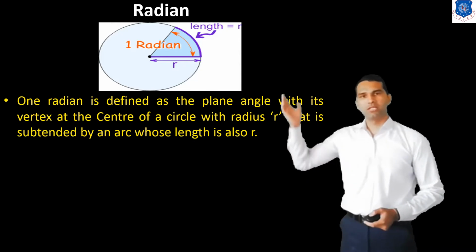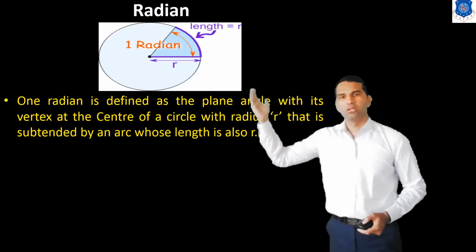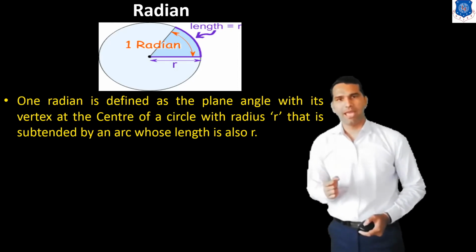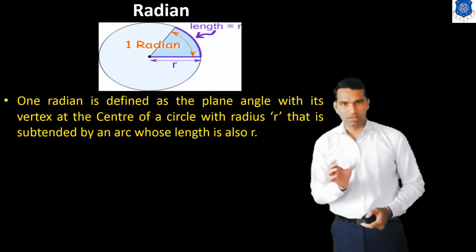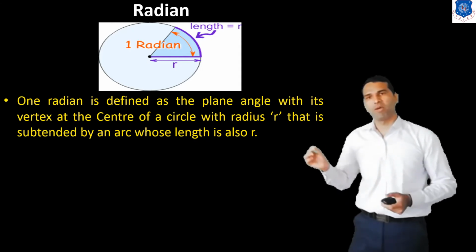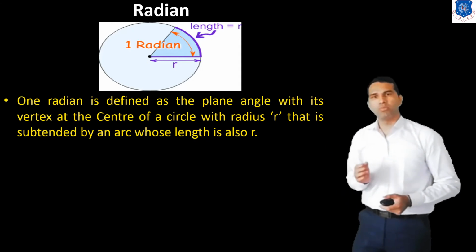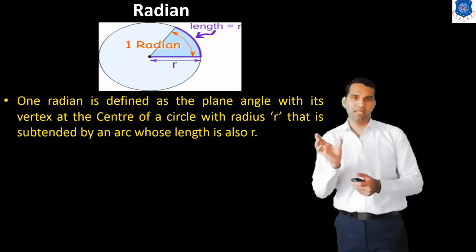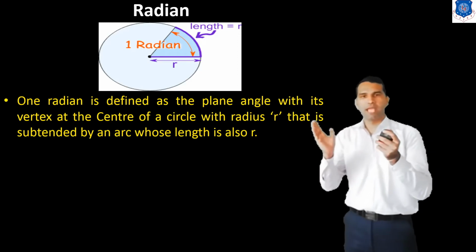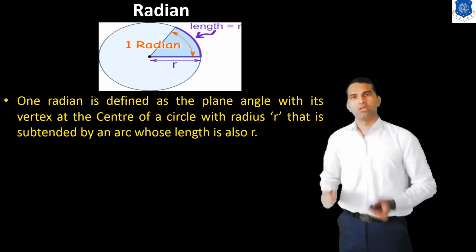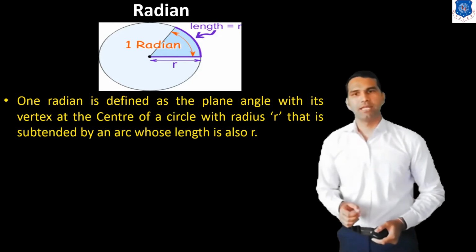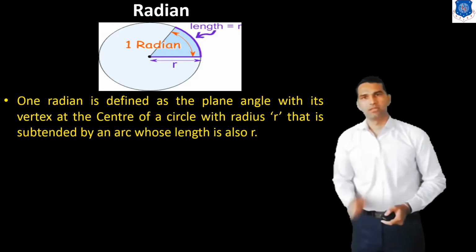You can see in this figure, the blue portion in the circle indicates one radian.